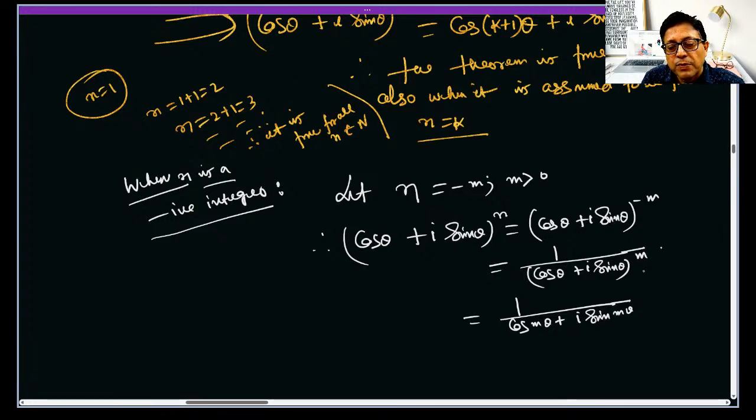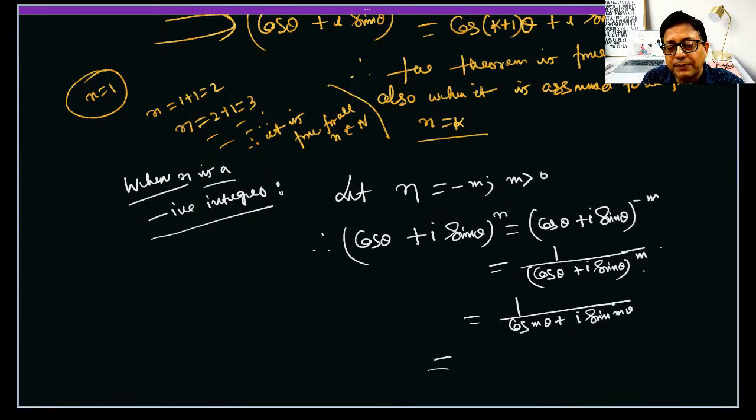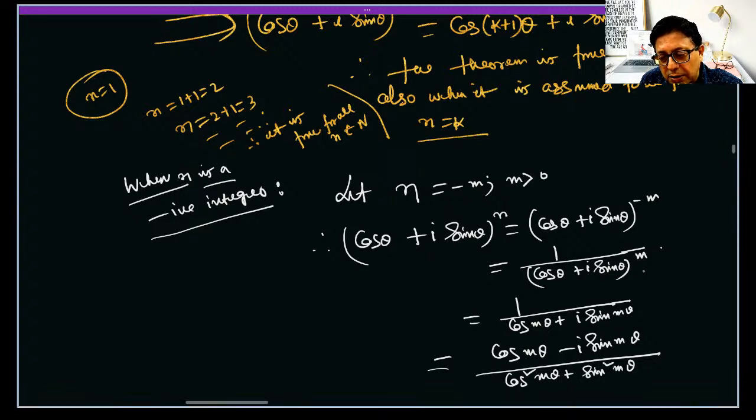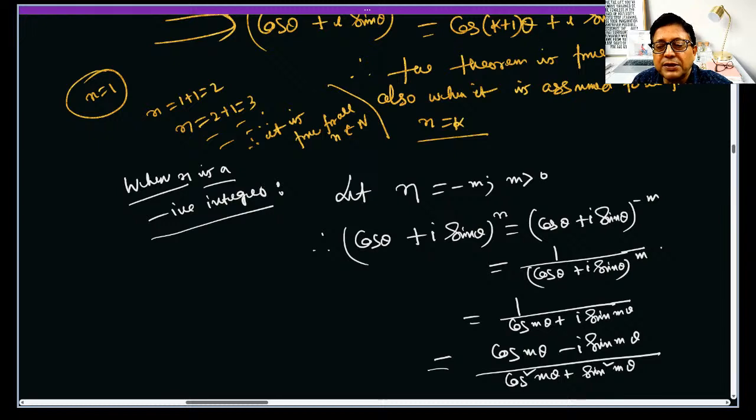Okay. Now you take this one, you multiply by cos m theta minus i sin m theta. Then denominator is going to be cos square m theta plus sin square m theta. Isn't it? Because i square is minus 1.